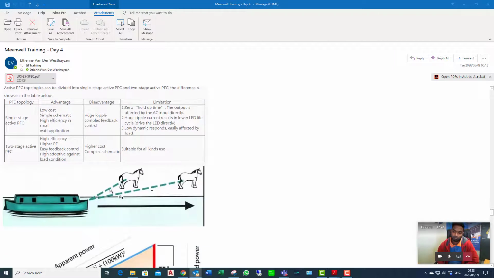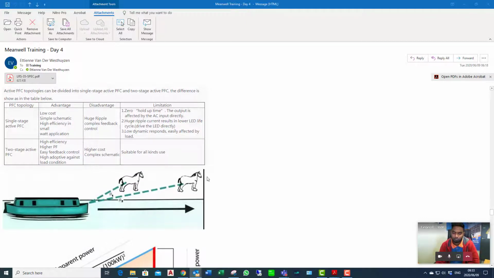But at the end of the day, the cost to run a power factor correction power supply over a 10-year period is cheaper than running an LRS. So if you're trying to gain a market immediately, an LRS is going to be your cheapest. You're going to put that thing in, the client's going to think you've got the best price. But at the end of the day, once he's operated that power supply for 10 years, he would have made the money 10 times over by putting in a power factor correction power supply. Okay, because he's paying it on monthly bills.